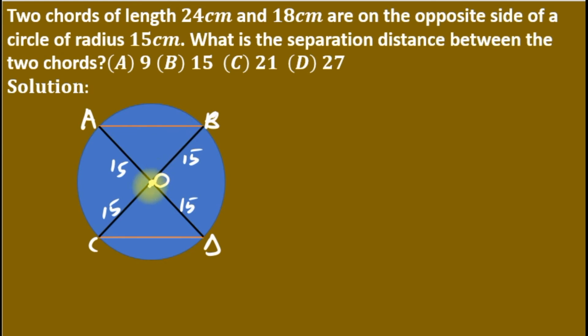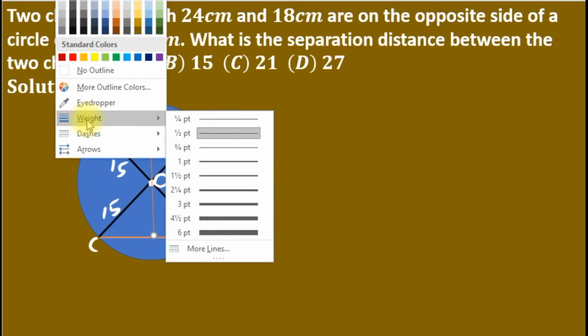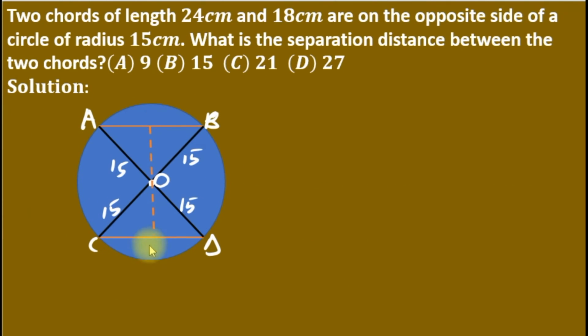So AB is 18. But do you remember that if a line runs from the center, it always bisects the chords? It's a theorem. You have a line that runs from the center of the circle that is always perpendicular to the chords, and also bisects, it is a perpendicular bisector.